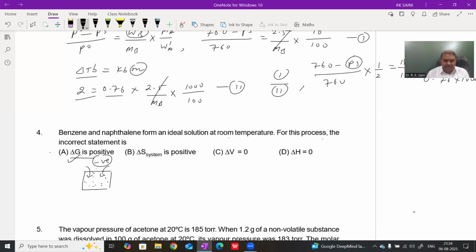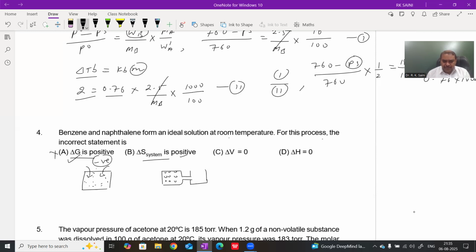Therefore, it is incorrect. Entropy of the system is positive. Entropy is the randomness. When liquid A and liquid B are mixed to each other, entropy always increases, whether the solution is ideal or shows negative or positive deviation.